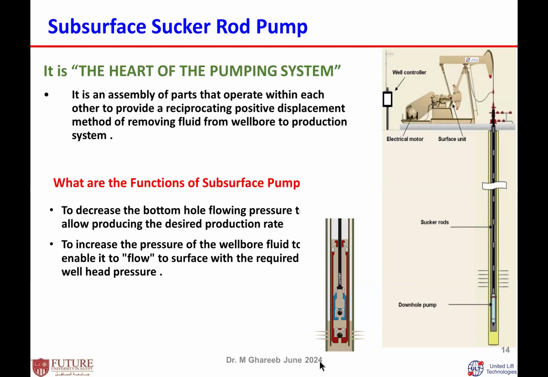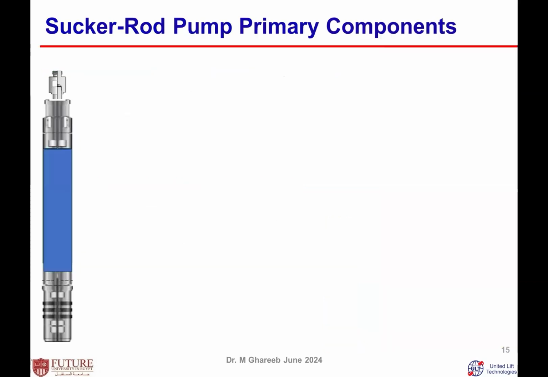Below the pump, the bottom hole flowing pressure is artificially decreased to allow the formation to give you the designed production. Then it is increased again to a certain value at the pump discharge, an artificial new pressure above the pump, to lift the flow to the surface with the required wellhead pressure to allow flow to reach the separators or just the surface facility.